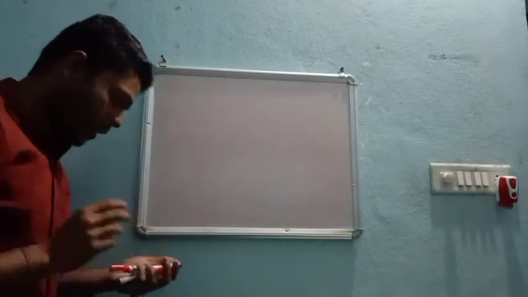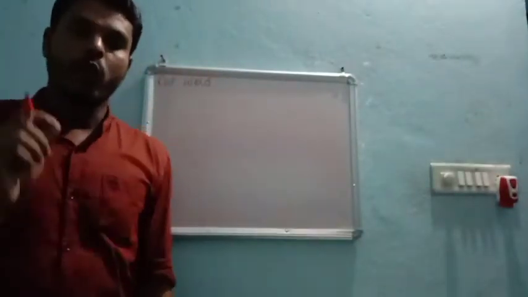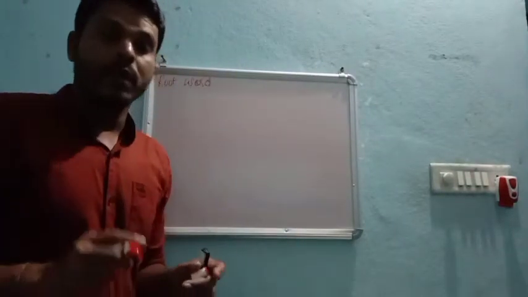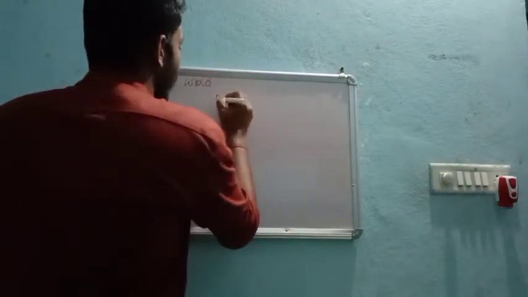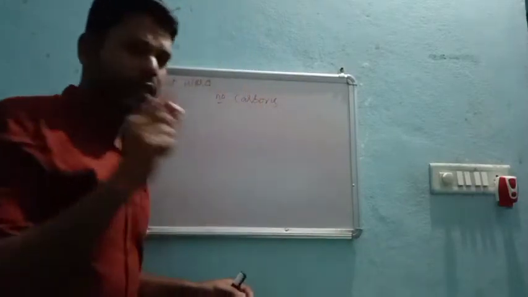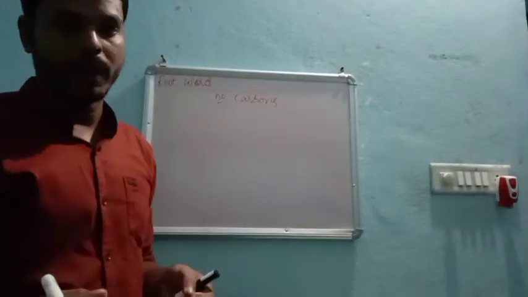One more very important thing is the root word. The root word explains the number of carbon atoms. Clearly, you listen. It only explains the number of carbon atoms present in the given organic compound, right?